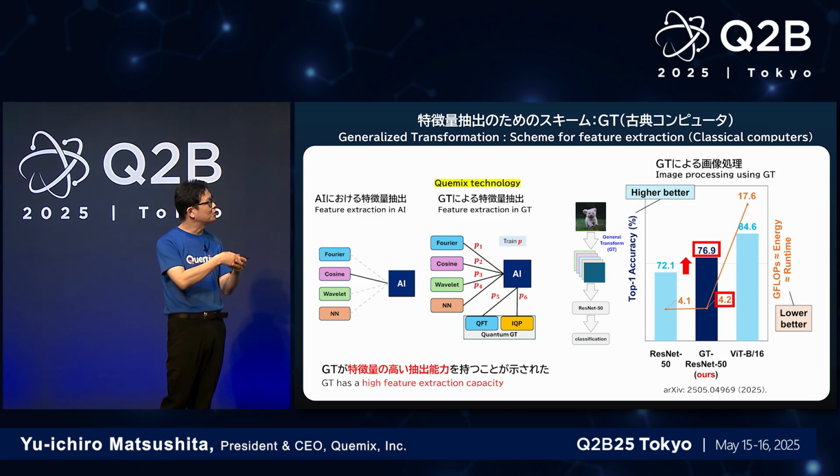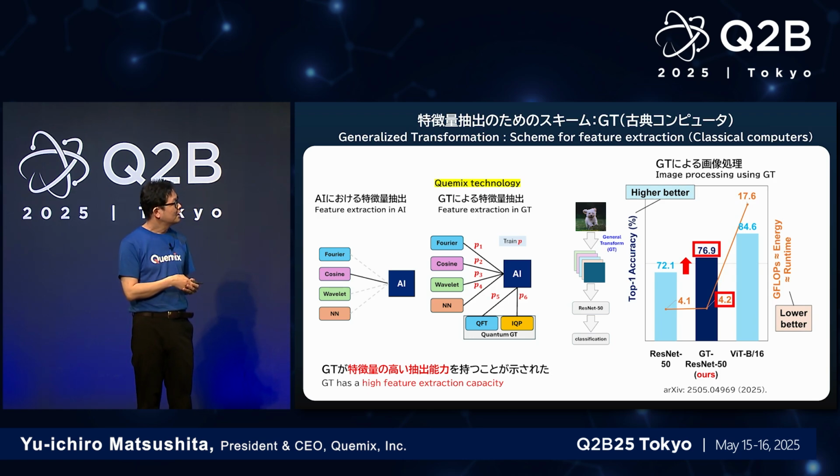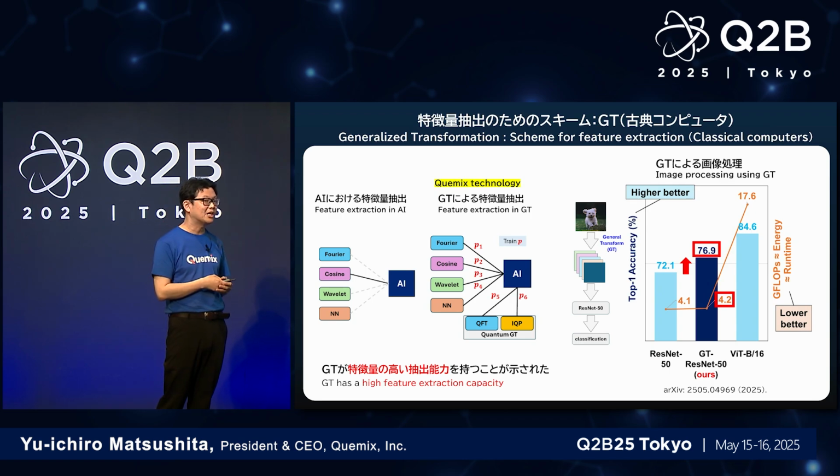And we have actually checked the GT's high feature extraction capacity, on the right-hand side. This is image processing using GT. This is the RegNet 50. This is the ML AI model. And we have basically replaced the feature extraction with our GT. And just with that, you can see that the accuracy has increased from 72.1 to 76.9.